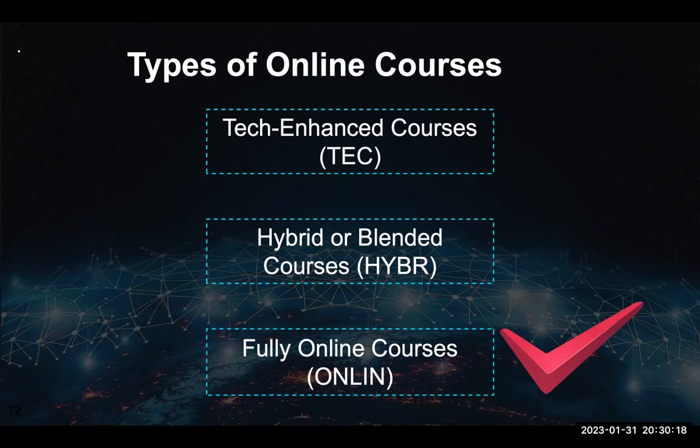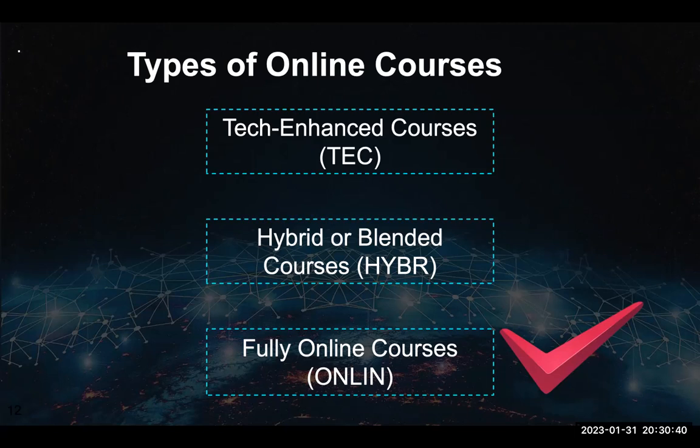You need to make it possible both ways, this is not going to be completely online, this is not going to be offline. So in between, if you are going to merge the technology into your courses, they are called hybrid or blended learning courses. The last one is fully online courses.